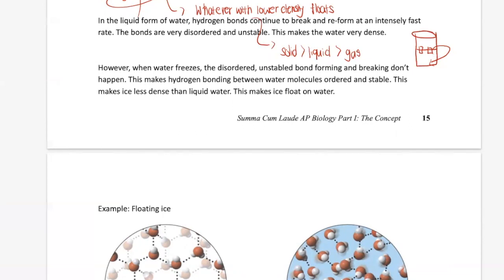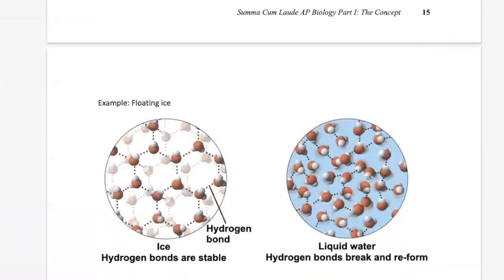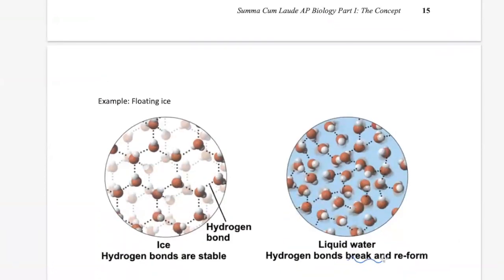So let's read this. In the liquid form of water, hydrogen bonds continue to break and reform at an intensely fast rate. So in liquid form, hydrogen bonds break and reform very, very quickly. It means that the molecules are attracted to one another, then the bond breaks.